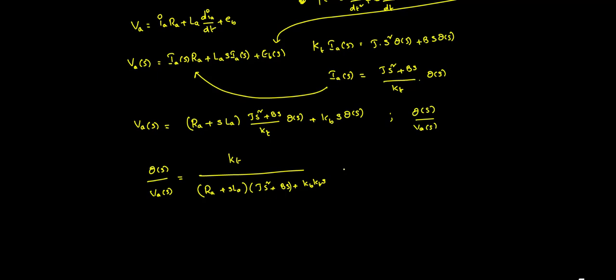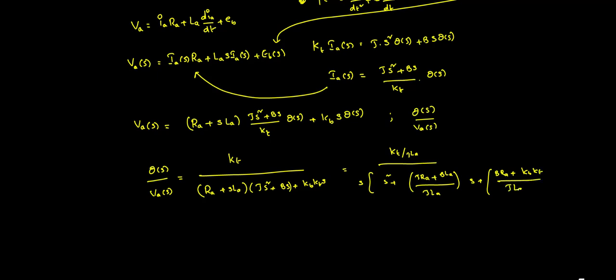That simple it is. Then multiplying both of them, you can take it into different forms. You can take s square and s into constant form. That is KT by J LA, and you can take s square into common, and s square plus J RA plus B LA divided by J LA into s plus B RA plus KB KT divided by J LA.